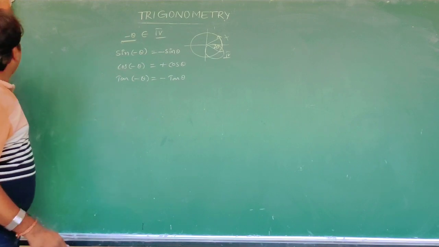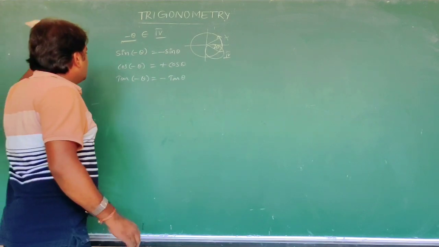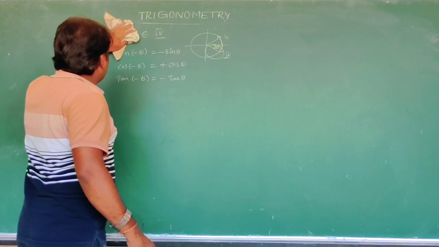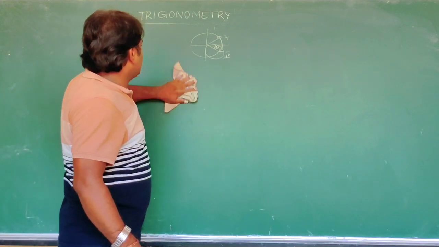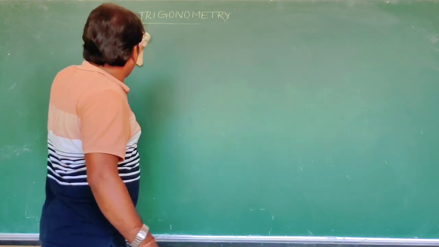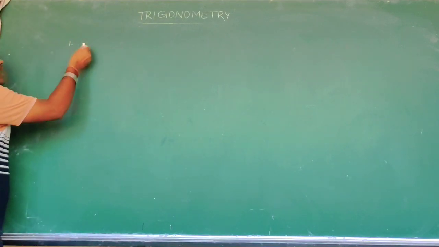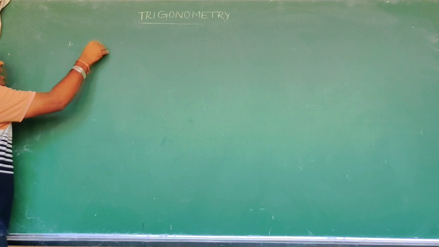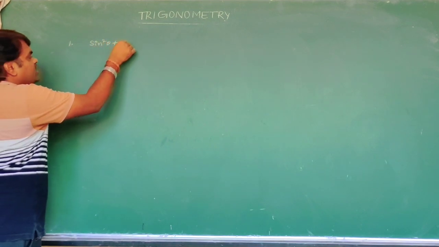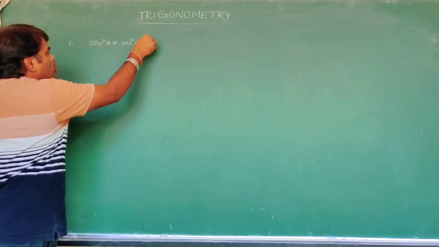And now we are going to discuss the very frequently used formulas or equations of trigonometry. The first equation, very important, is sine square theta plus cos square theta is equal to 1.